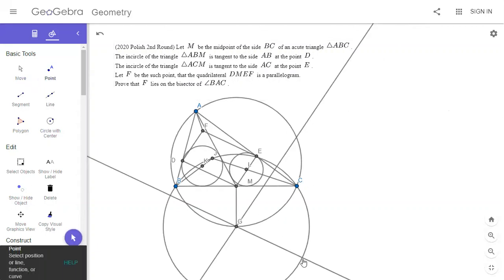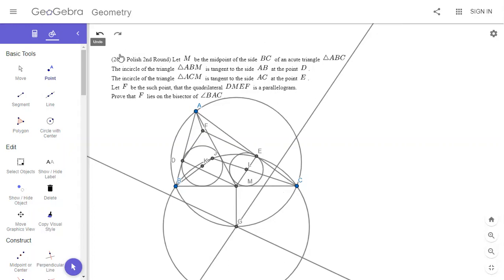Yeah, so we want to show AGH is similar to AFE. No, I'm not sure if that's true. I'm going to go back a few steps.